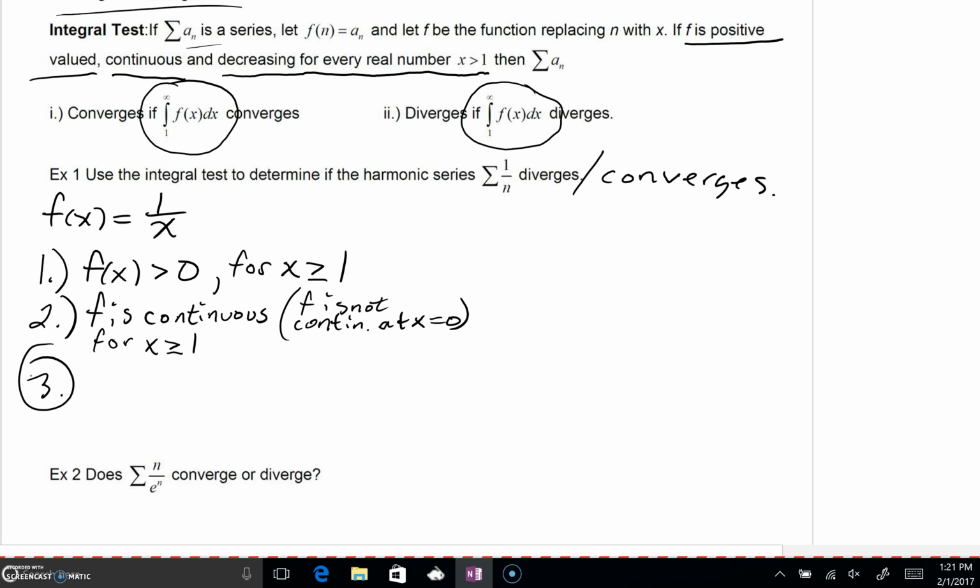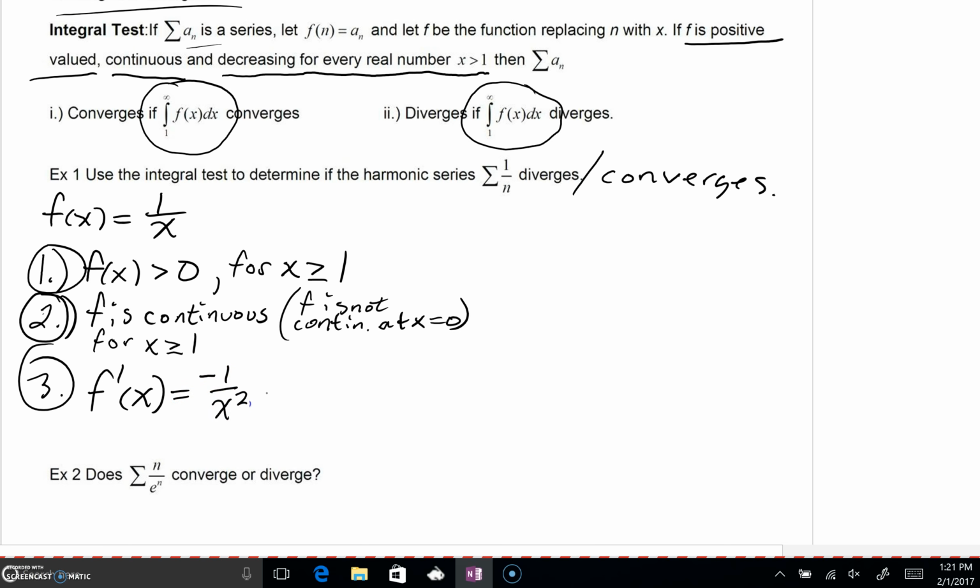F is decreasing. Well, now we're talking about using some calculus. Because the definition of having a function to be said to be decreasing means what? That its derivative is negative. Hey, very famous derivative here. I hope you've got it memorized even. What's the derivative of 1 over x?